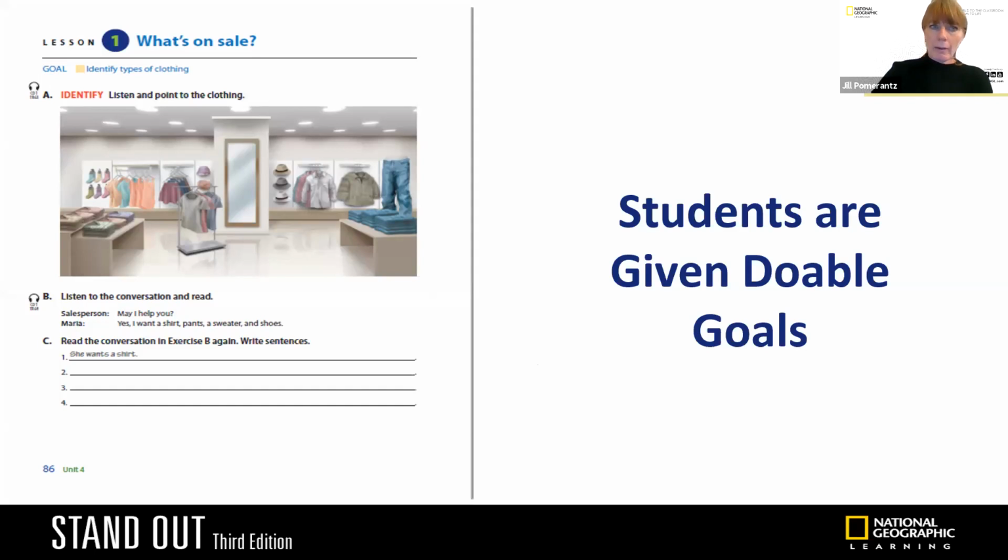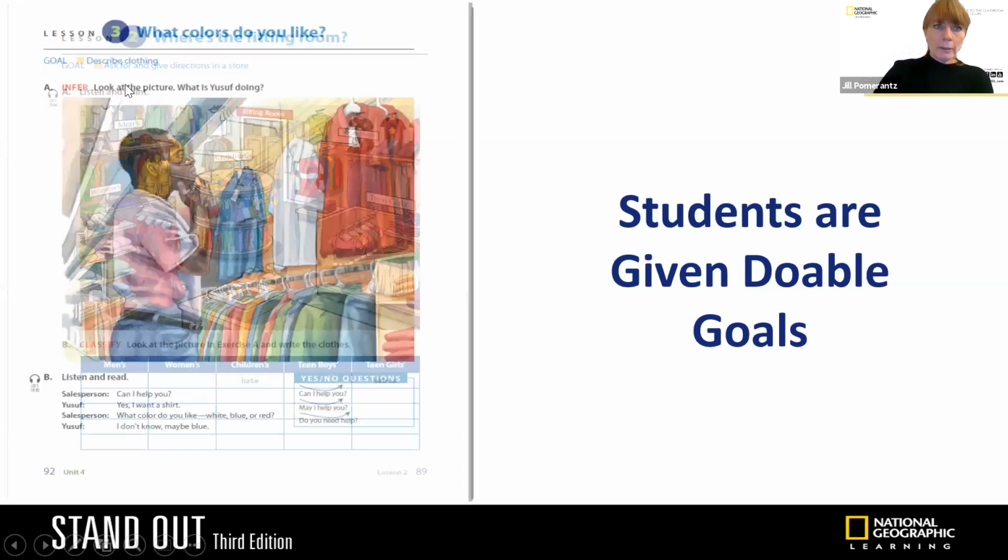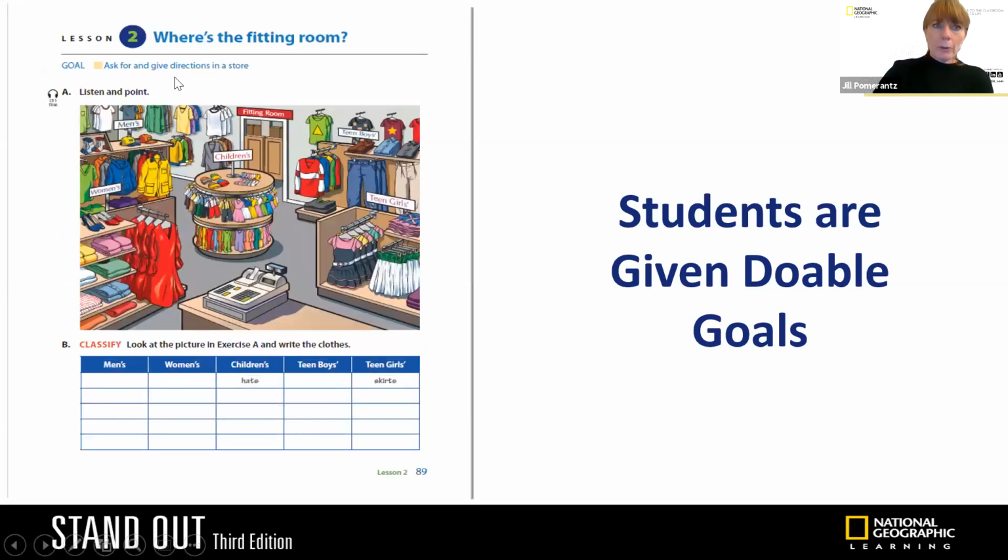By the end of this lesson, students will be able to identify types of clothing. Okay? In lesson 2, the same unit, students will have a goal of ask for and give directions in a store.